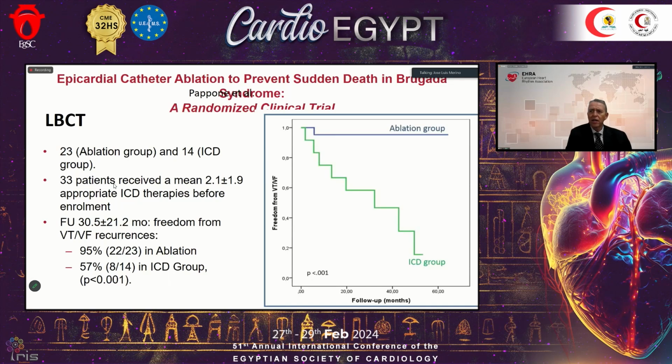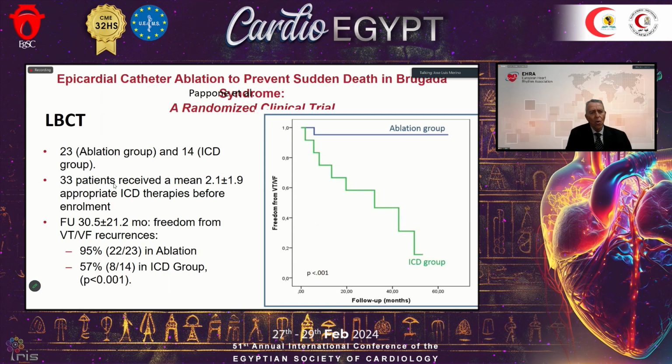More recently, the experience from Dr. Pappone has also been reported. They reported last year at the EHRA Congress, as a late-breaking clinical trial, the experience with this approach of epicardial ablation.